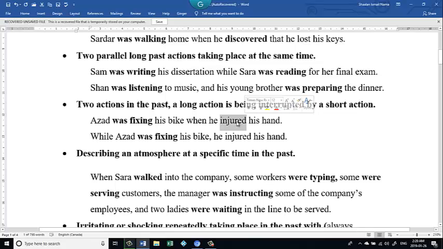Then this action happens while the other action is in progress, because he was fixing his bike, and then he injured himself or his hand. The second one, maybe you have it like this. While Azad was fixing his bike, he injured his hand.